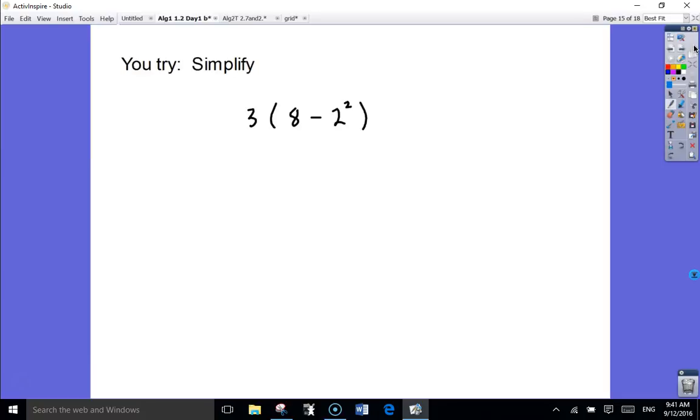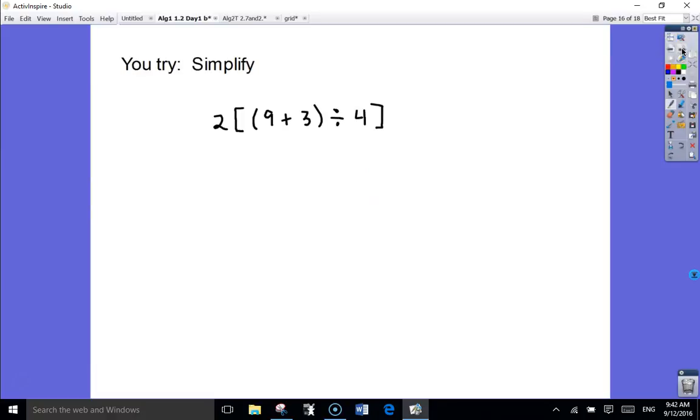How many got 12? 12 is it, right? So what was the first operation that you did? You did the 2 squared. I mean, you went to the parentheses, and then you went inside the parentheses, and what was there? All right, there was an exponent. So 3 times 8 minus 4. Okay, now we do the parentheses. That's 3 times 4, which is 12.